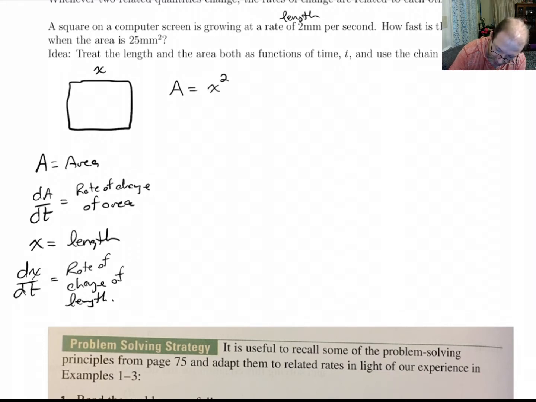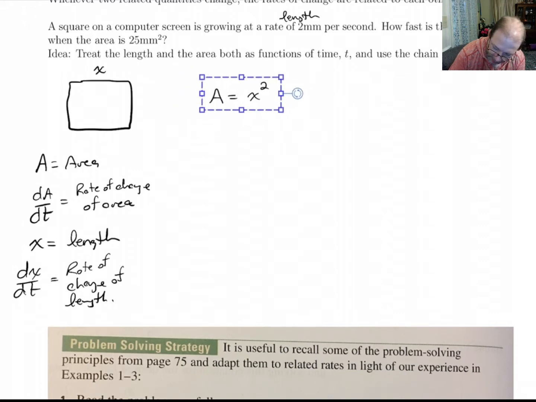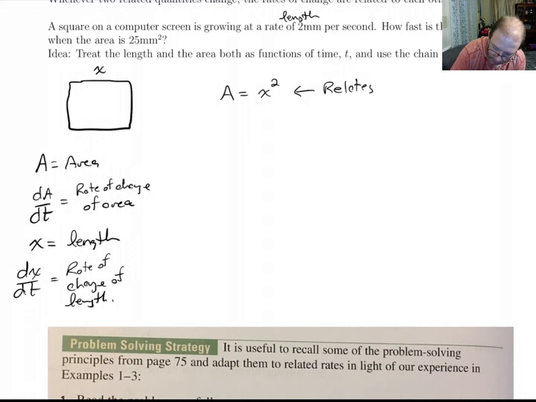So this equation up here, A equals x squared, relates the quantities. If we take the derivative of this with respect to time, then we'll get the rate equation, which relates the rates. Now the derivative of A is 1, but then we have to multiply by its derivative with respect to time, dA/dt.